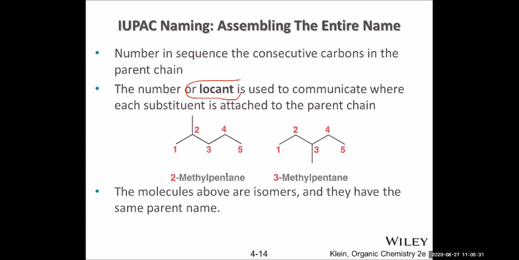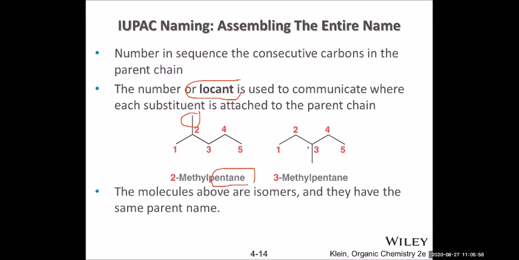So these two molecules, the longest chain, both have 5 carbons. That makes their parent name end with pentane, both end with pentane. But the difference is, with this molecule, position 2 has a carbon, so 2-methylpentane.